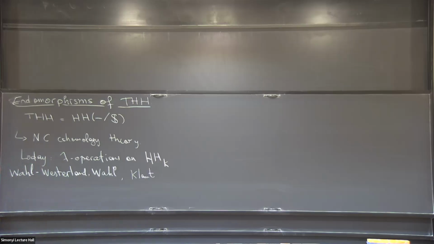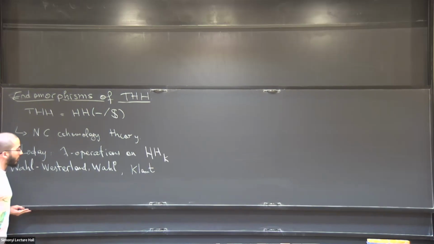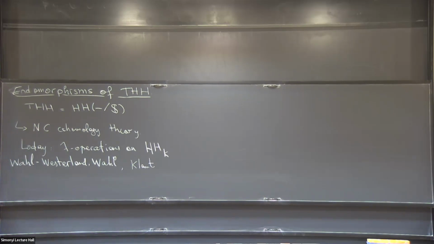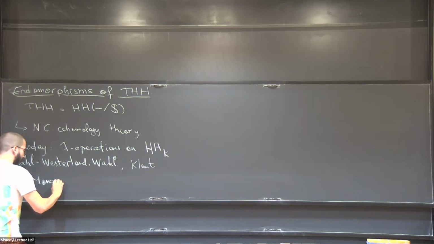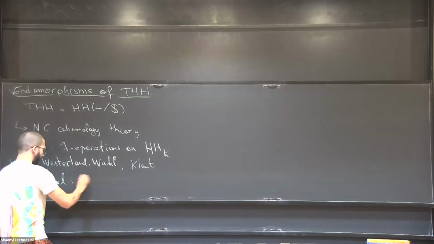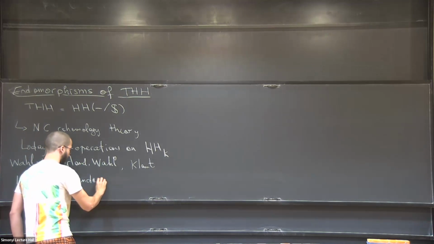Okay, and in a slightly different direction, I realized in the past couple of days, so I didn't have time to think about it too hard, there's this work of Lurie and Mondal that studies endomorphisms of de Rham cohomology.